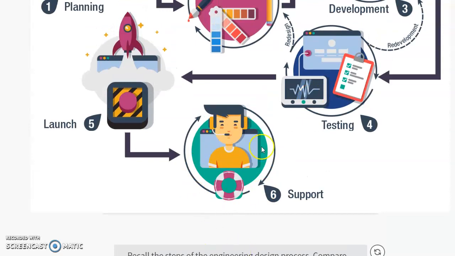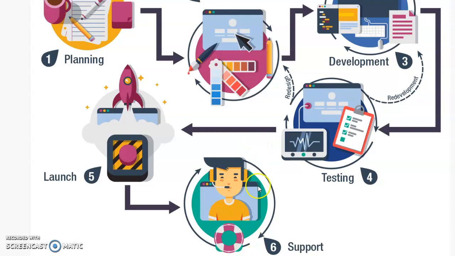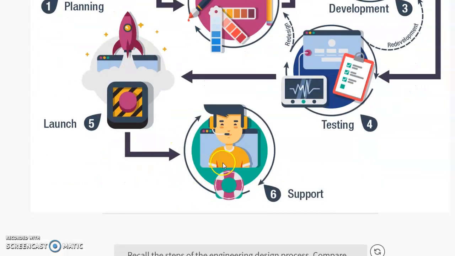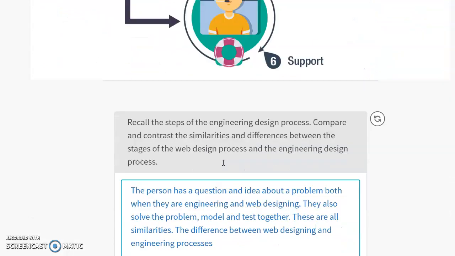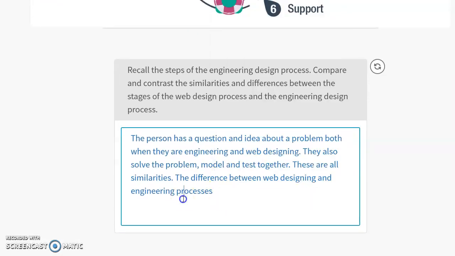You see here there's like a support area. That's more like the research, but the rest is there. But after testing, usually you just actually continue through. It's not about having support and recycling. So the difference between the web design and engineering processes is that web designing has specific launches and support after.